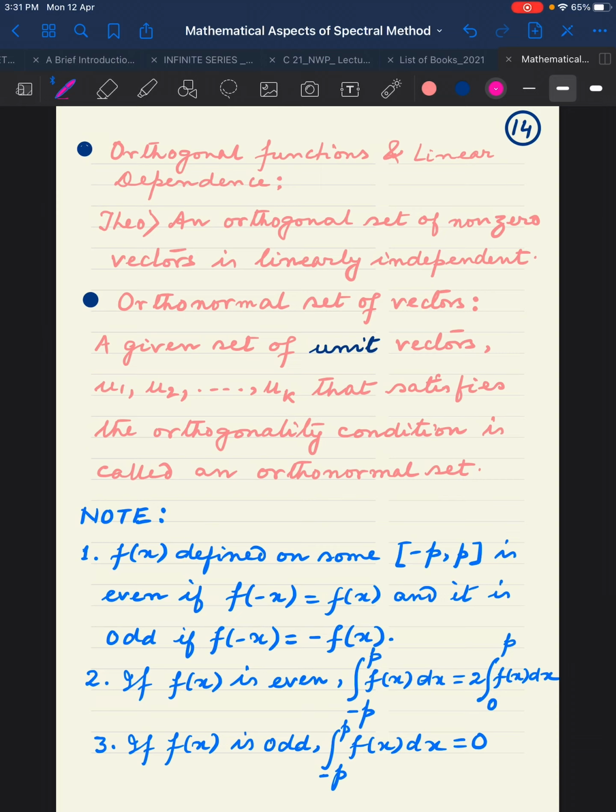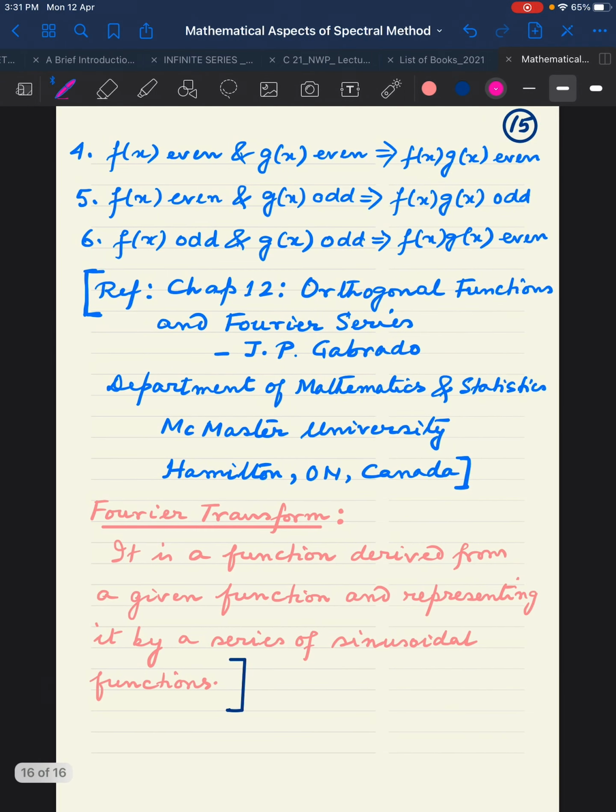If f(x) is even, then the integral from minus p to plus p of f(x) dx can be written as 2 times the integral from 0 to p of f(x) dx. We have just used that result in our example. Number 3, if f(x) is odd, the integral from minus p to p of f(x) dx is 0. So we saw that the functions we took into consideration were even functions, cosine functions.